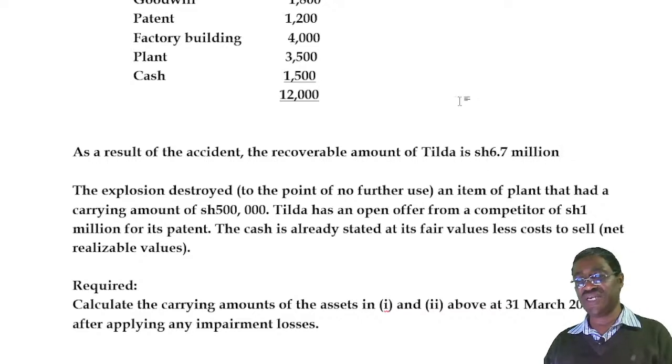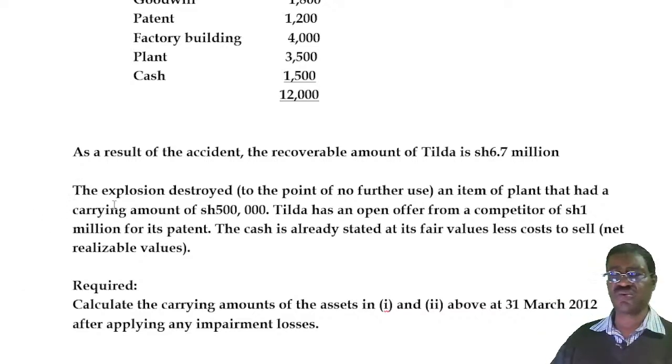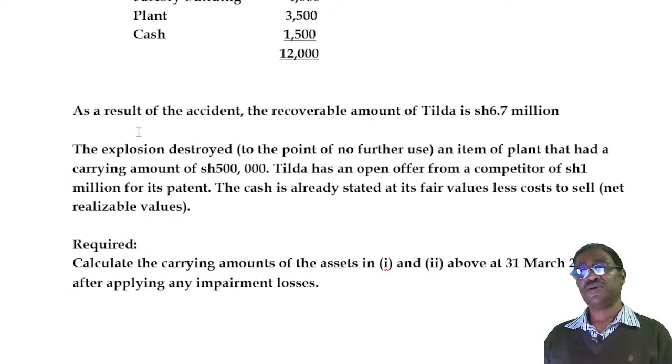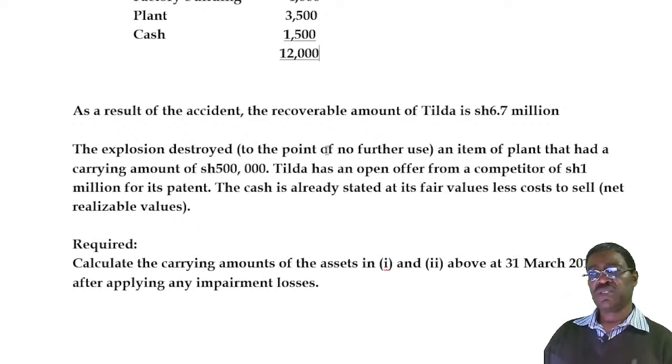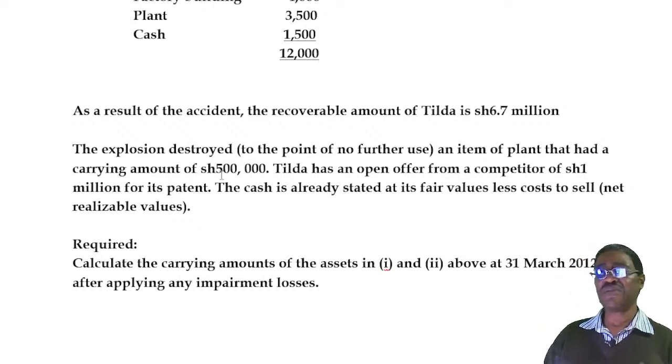You don't have to calculate the recoverable amount again. It's already calculated. Then the point is this, and this is the paragraph that I want us to get the point from. The paragraph says, the explosion destroyed to the point of no further use an item of plant that had a carrying amount of 500.